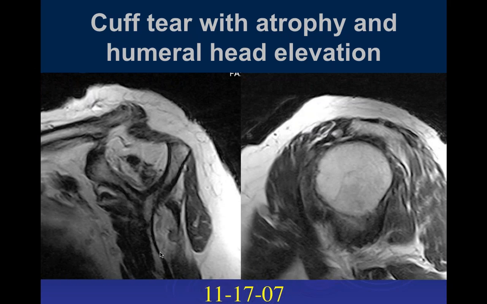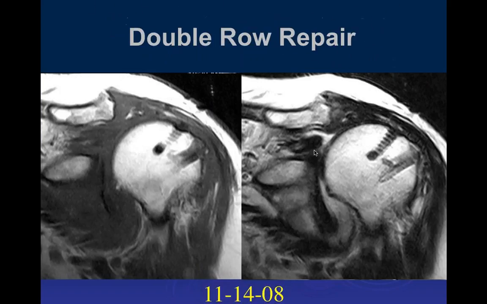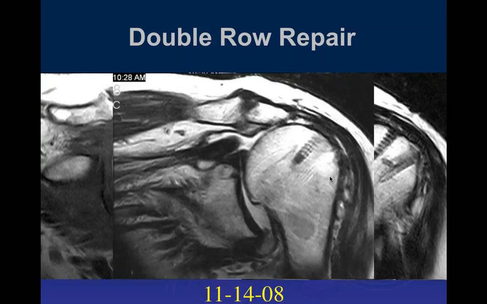And here's a double row technique to attempt a repair. And we can see that even after the repair, the tendon's been torn and retracted again. So that wasn't successful, even though they tried a double row repair. This patient had a number of negative factors, and it was not a successful surgery. And we can also see a lot of deltoid disease here as well.